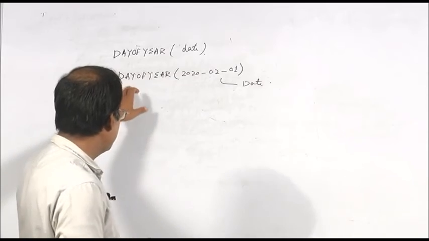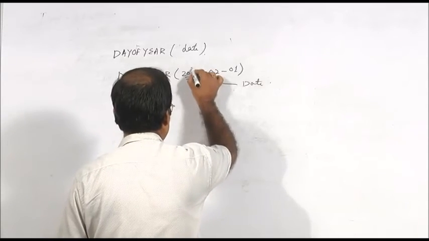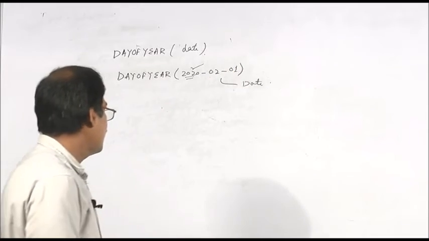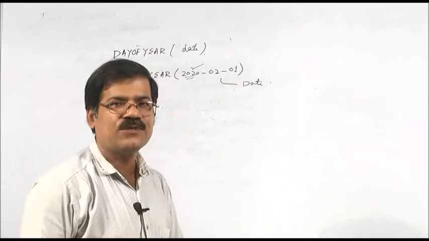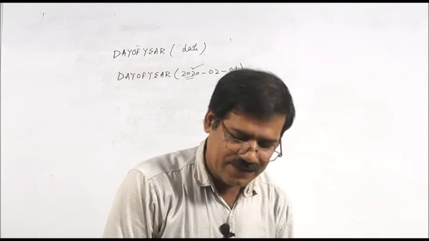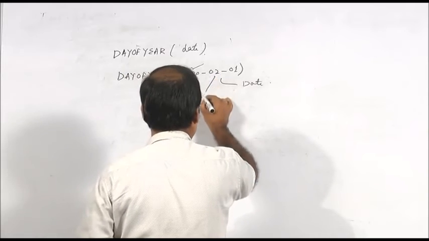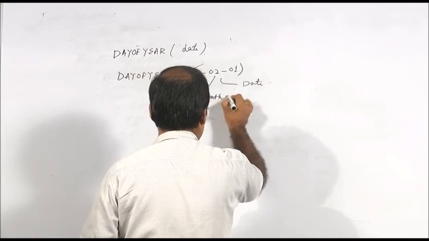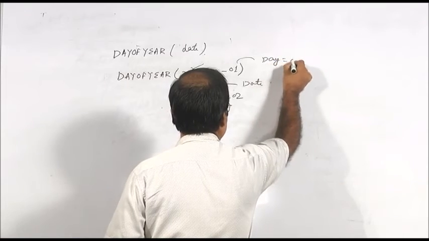So what is the day of year? Day of year means, your year is 2020 and this is 1st February. 1st February is which day of the year? January is already over. The month is 02 and the day is 01.